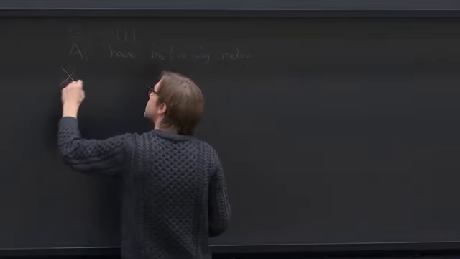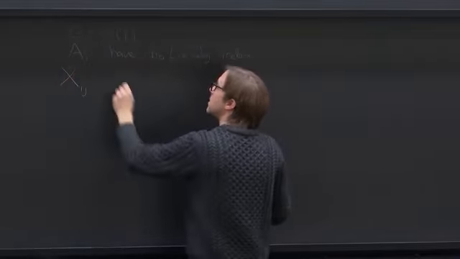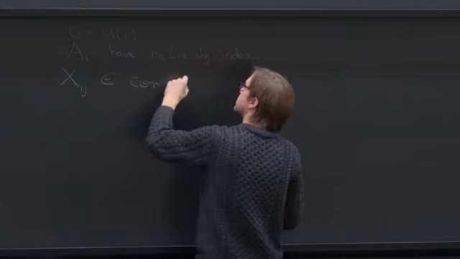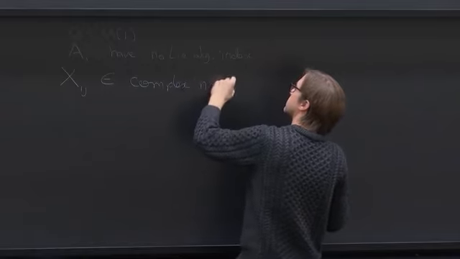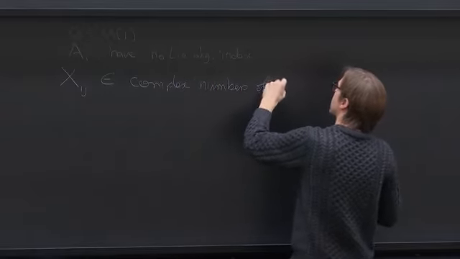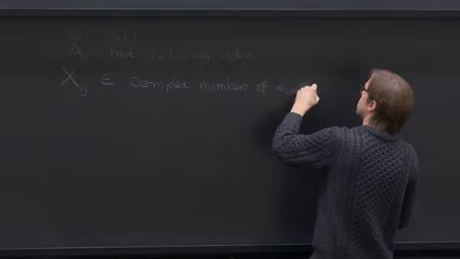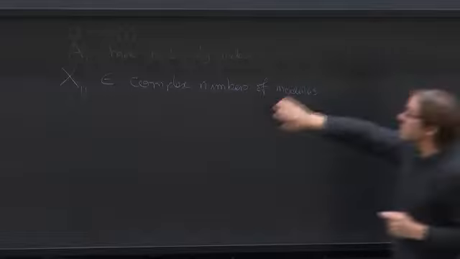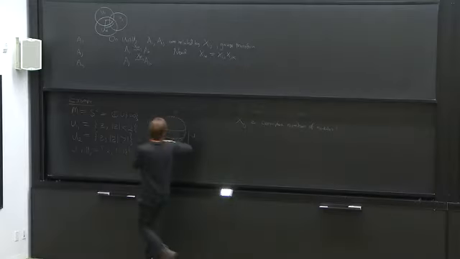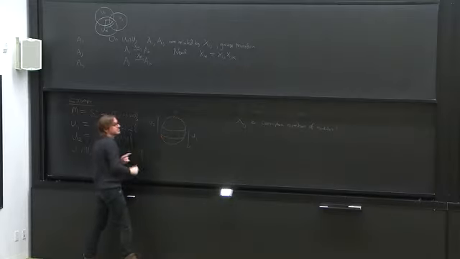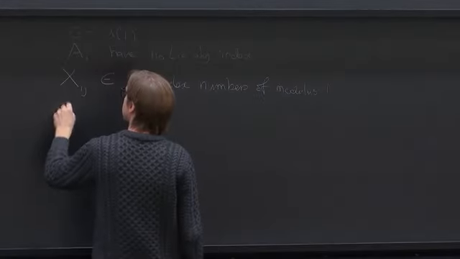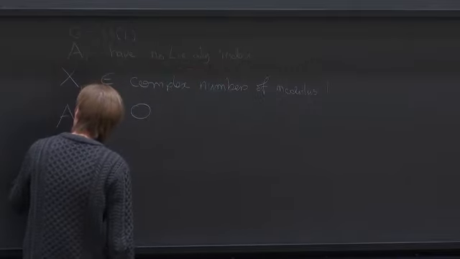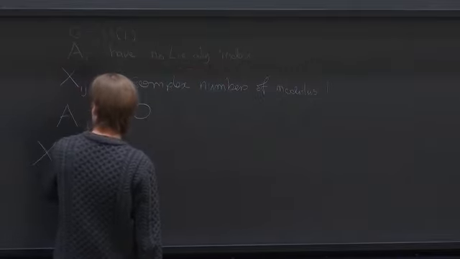But the gauge transformations, X_ij, can be thought of as complex numbers of modulus 1. So what do I do? I'm going to declare that on this region here, my gauge field is 0. So we declare A1 is equal to 0. And then the interesting part will be what is X12.